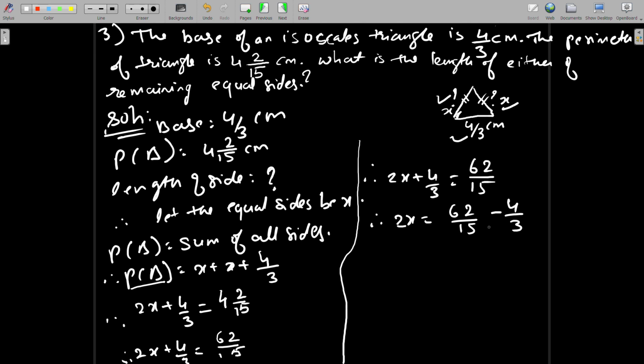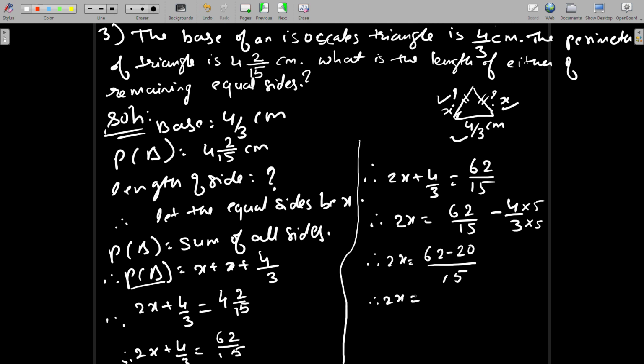Now we have to take the common denominator. In order to make the denominator common, I will multiply this with 5 and this with 5. Why? Because the highest is 15, and if I multiply this side with 5, then I will get 15. So 2x is equal to 62 minus 4 fives are 20, divided by 15.